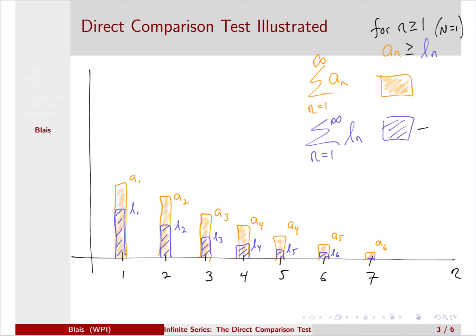And we're saying this is infinite. So when you add up these purple areas and you get something infinite, well, our given series is the sum of these orange areas which is bigger. So it also has to be infinite. The direct comparison test for divergence can only be used to conclude that a series diverges. So you're on the quest for a smaller divergent series.